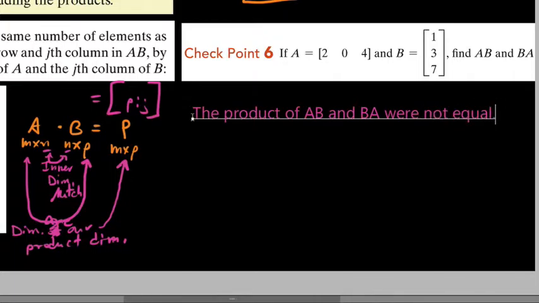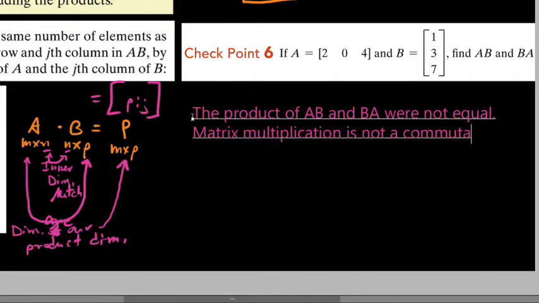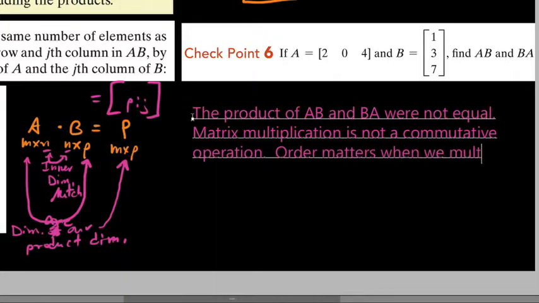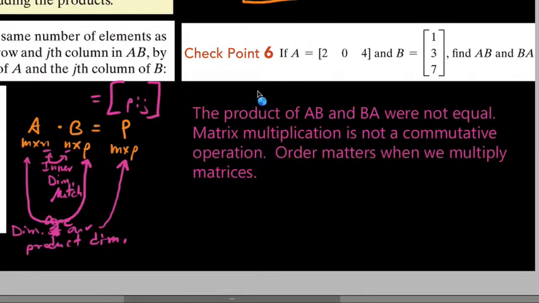So that is to say that matrix multiplication is not a commutative operation, and so order matters. We say order matters when we multiply matrices. And that has to do with our dimensions matching, inner and outer dimensions being the dimensions of our product here.